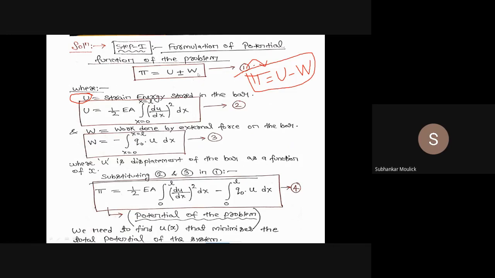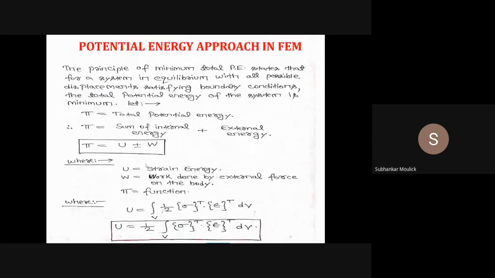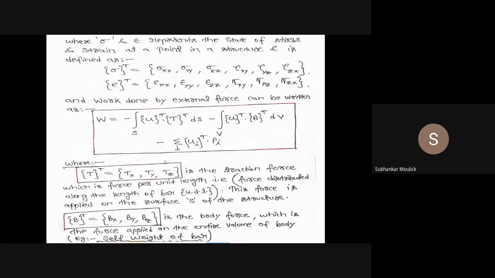Since the next step is what? Now I have to find out the value of W, which is the external work done on the body. And if you remember in the last lecture, when I was telling you about the potential energy approach, W is having three components. First component is work done due to traction force.